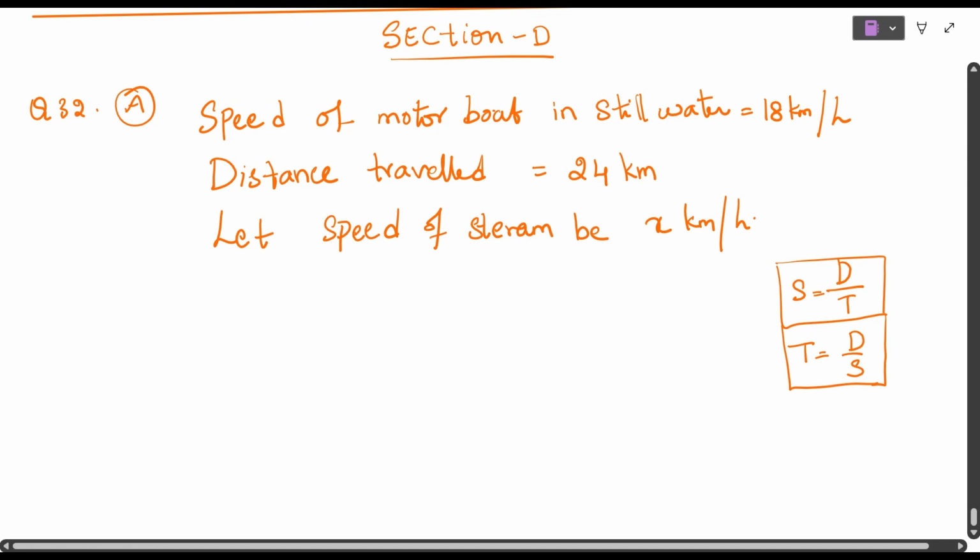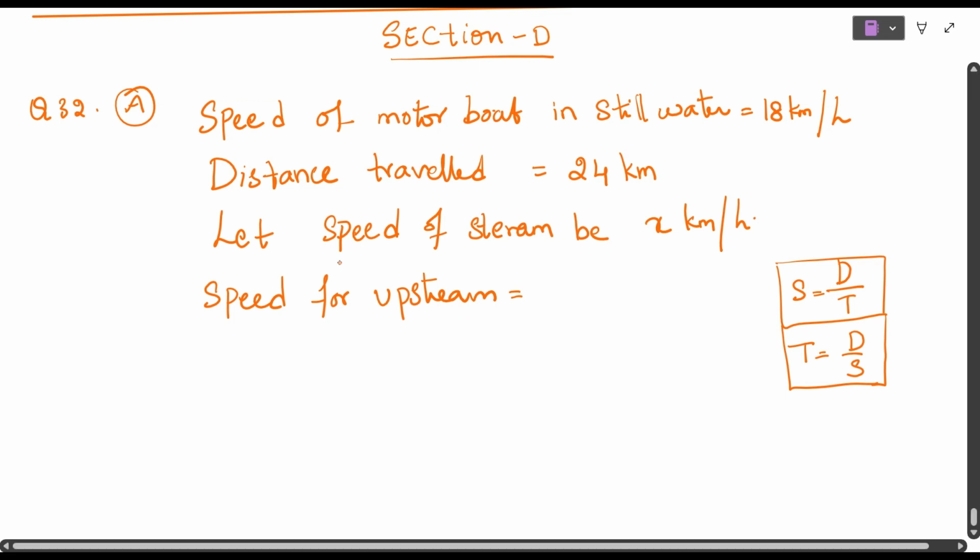Now calculate the speed for upstream. How will you get the speed of upstream? They have already given 18 kilometers per hour for the boat and the speed of stream is x kilometers per hour.